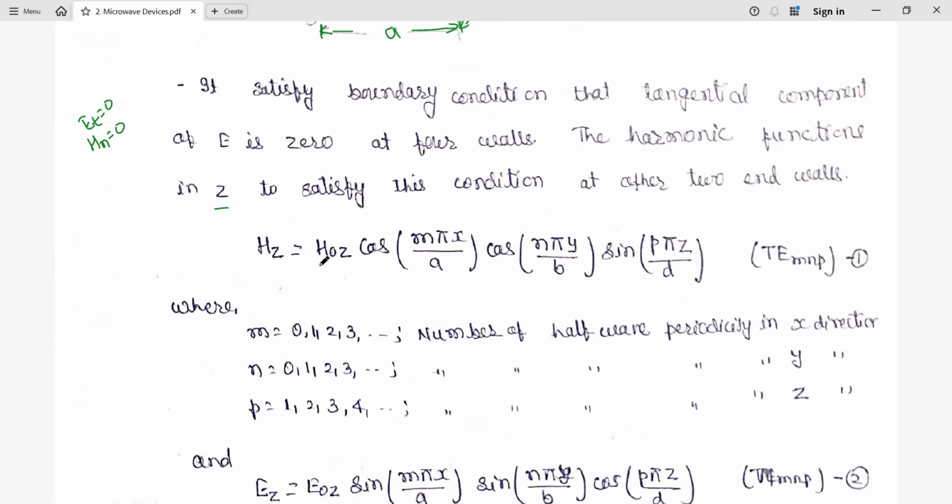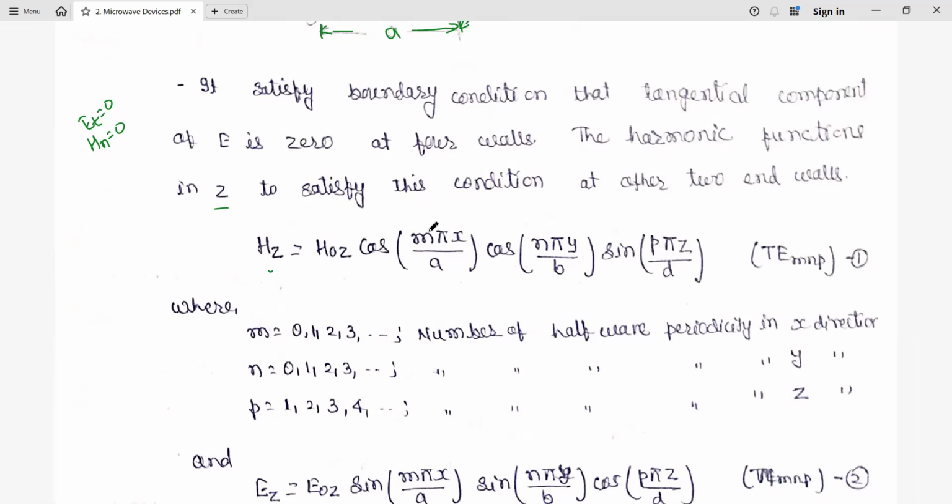The magnetic field Z component is H0z cos(mπx/a) cos(nπy/b) sin(pπz/d).